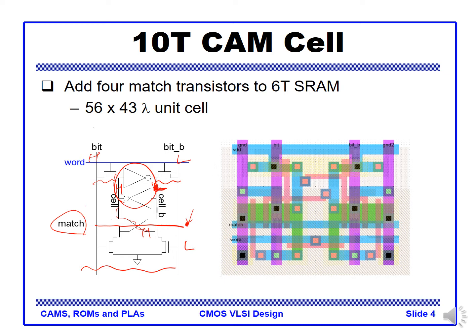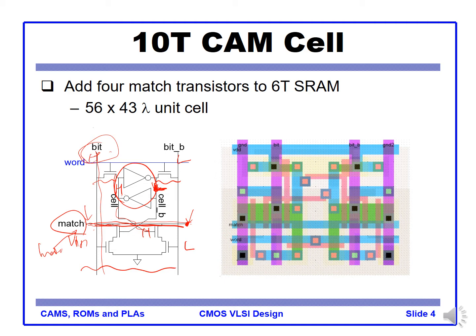Initially we pre-charge the match line to VDD. If the contents match the value that we provide on the bit and bit bar, then match will stay high. If the bit and bit bar don't match the internal value, then a pull-down path will happen.